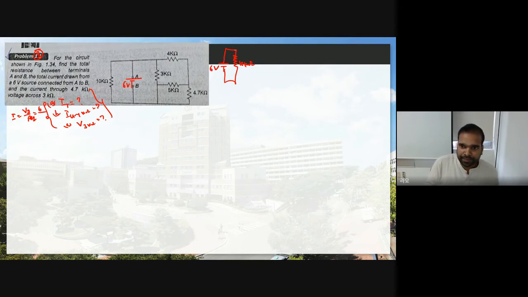Now see, here we have another 3 kilo ohm, and here you have a 4 kilo ohm resistor. Here you have another resistor. Yes, this is our simplified circuit. Same circuit, but I have drawn the source in the beginning itself. This is 4 and this is 4.7 and this is 5.